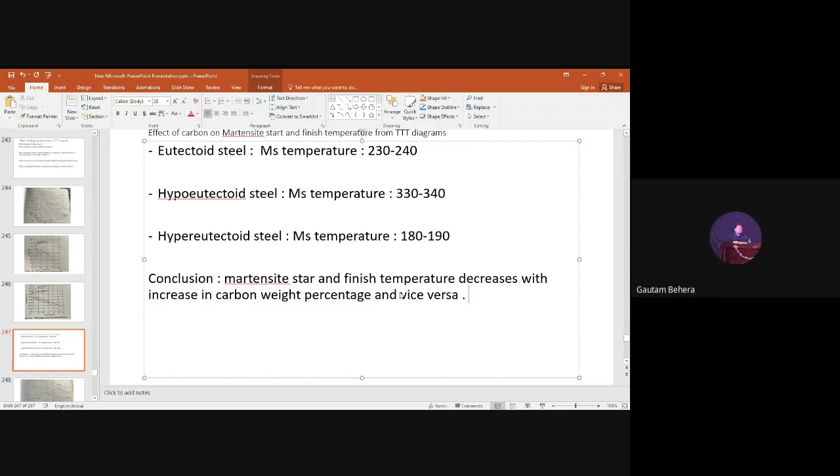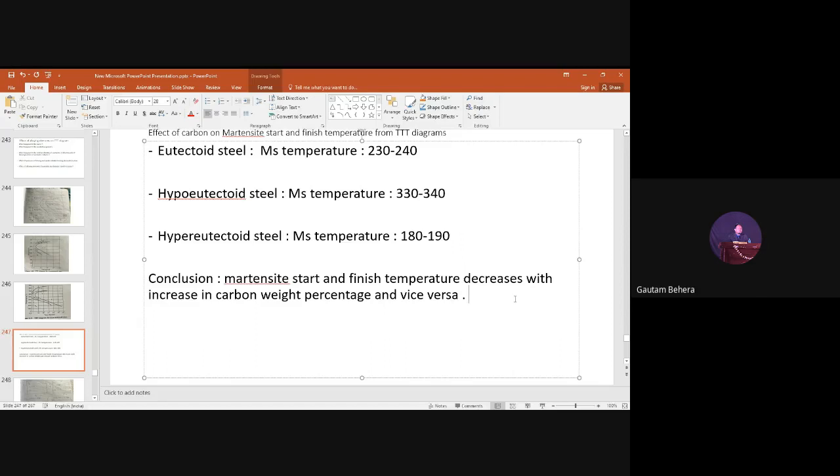Obviously, since I'm talking about the Martensite start temperature and finish temperature, that means I should have a martensitic structure upon quenching or upon cooling, right? I should have 100% martensite. But the problem is what?